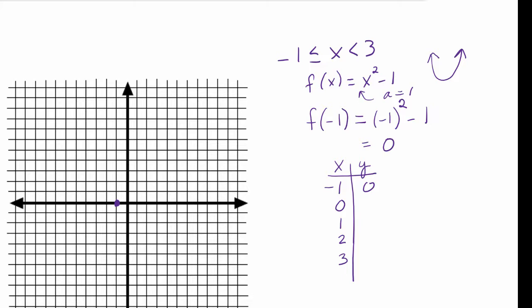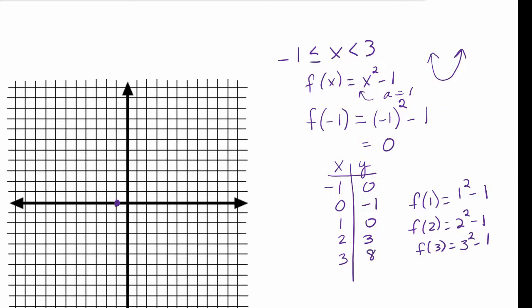So let's see, 0, negative 1, okay, and then f of 1, 1 squared minus 1, which is 0, and then f of 2 is 2 squared minus 1, which is 3, and then f of 3 is 3 squared minus 1, which is 8. So the parabola goes from negative 1, 0, then down to 0, negative 1. Then it comes back up to 1, 0, 2, 3, and then finally at 3, 8.